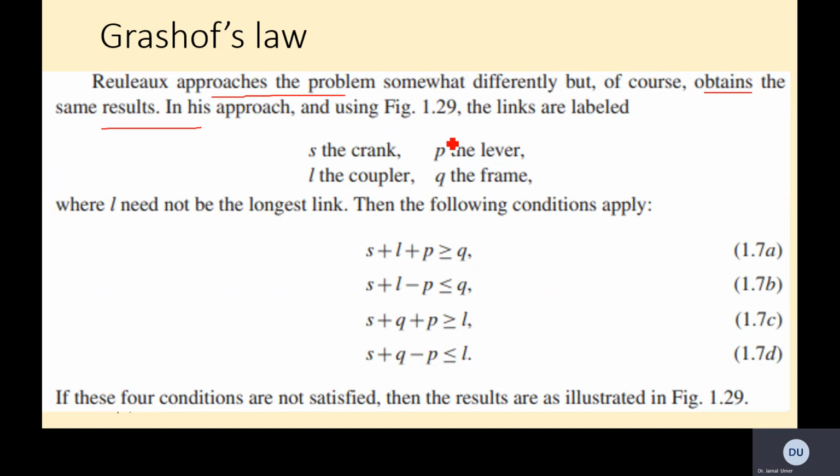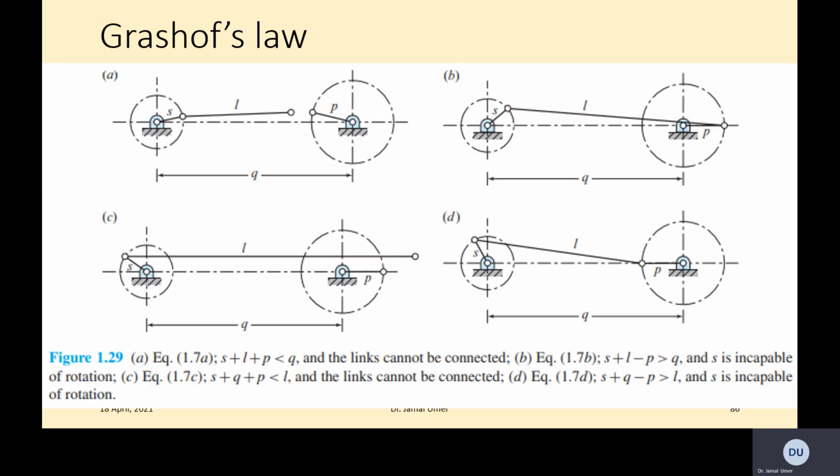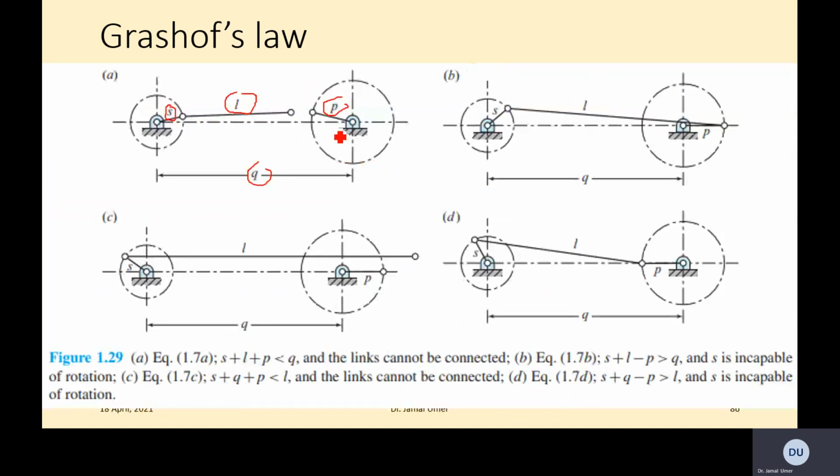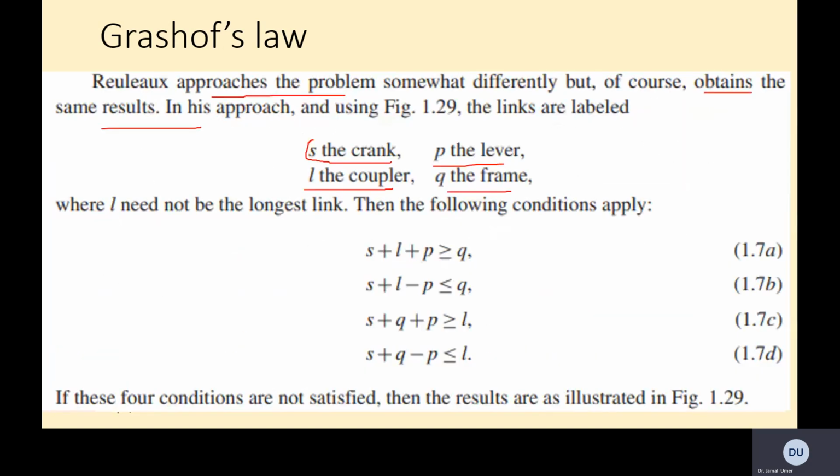The links are labeled: S is the crank, which is the shortest link, L is the coupler, which is the longest, P is the lever, and Q is the frame.